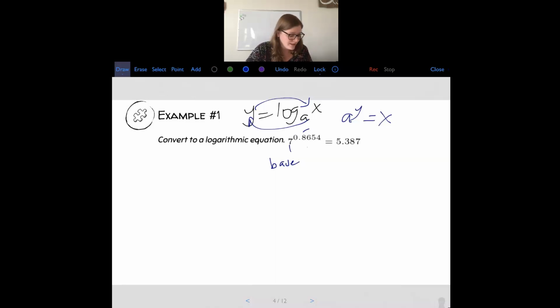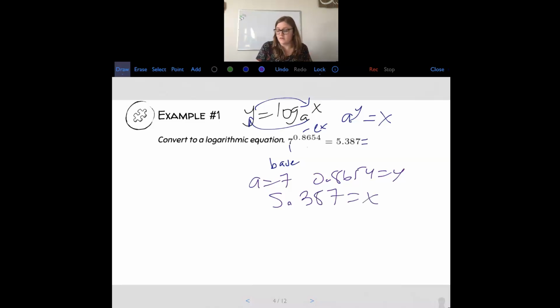Okay, so 7 is our base. 0.8654 is our exponent, and 5.387 is what it's equal to. So in order to write this as a log, 7 is playing the role of a, 0.8654 is y, and 5.387 is x.